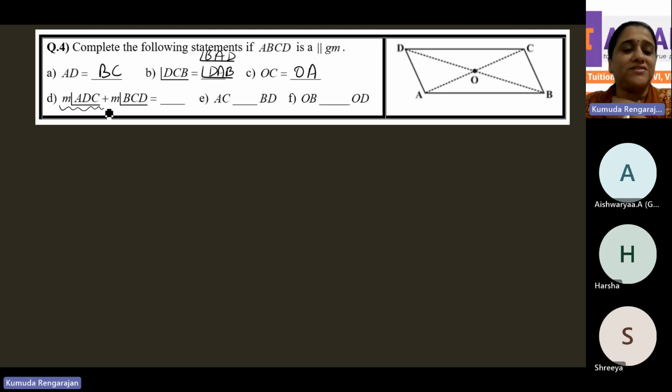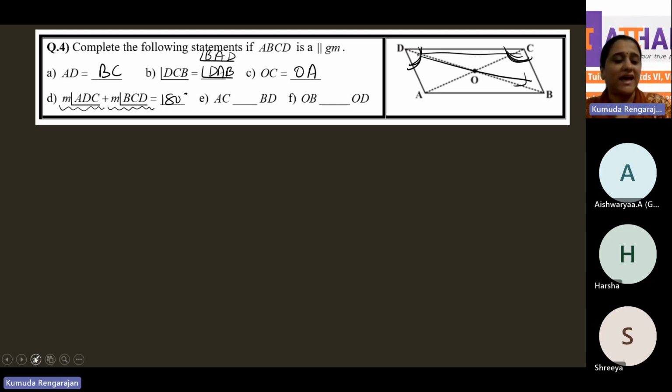How do we read this? Measure of angle ADC plus measure of angle BCD is equal to 180 degrees, because they're adjacent angles, next angles. See, these are opposite angles. These are adjacent angles. They're supplementary, 180 degrees.